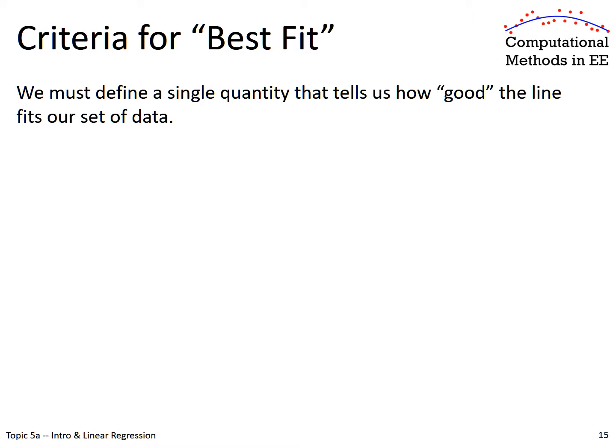Well, clearly, we want to minimize those residuals. So we have a problem. We need some kind of quantity that tells us how good our line fits our measured values. So let's think about what a good criteria could be. What if we just added all of the residuals? Would this be good?